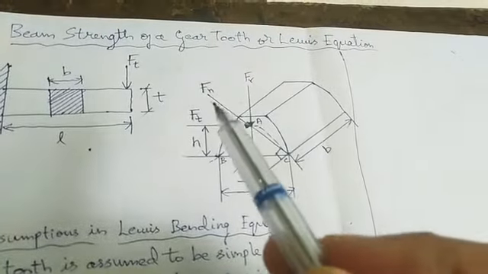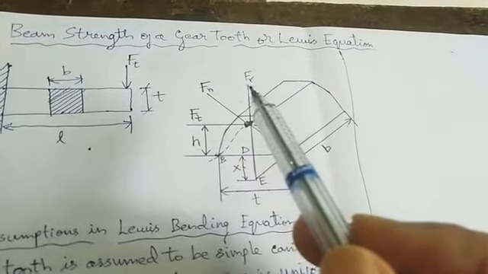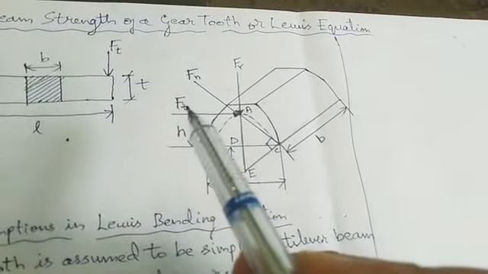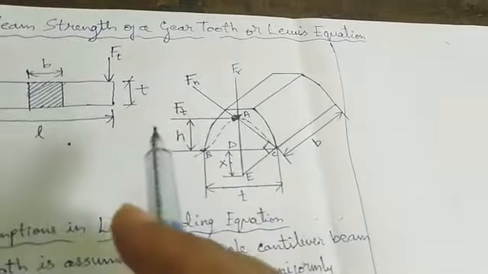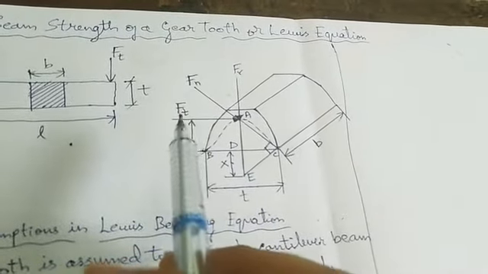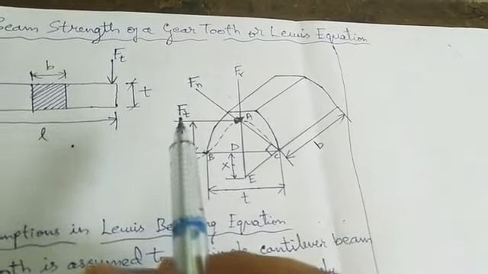Here the normal force and radial force we can neglect, because they are very small when compared to the tangential force. When the gears are under operation, Ft is the main force acting on the gear tooth, and we have to analyze Ft.